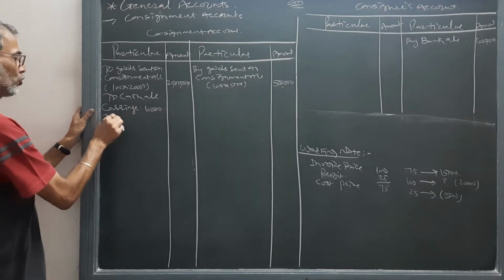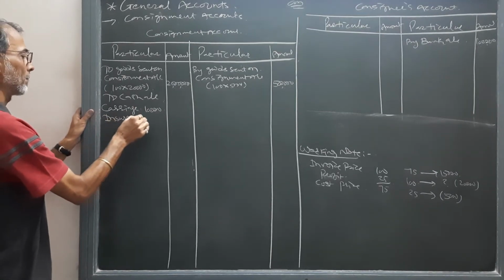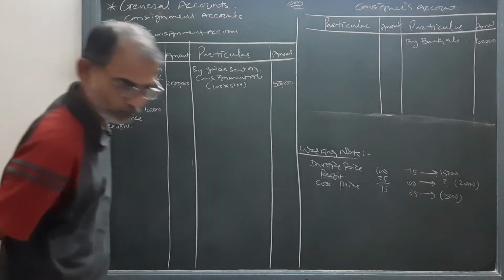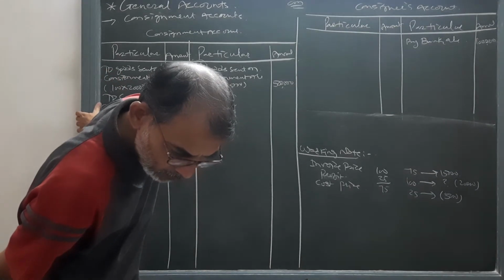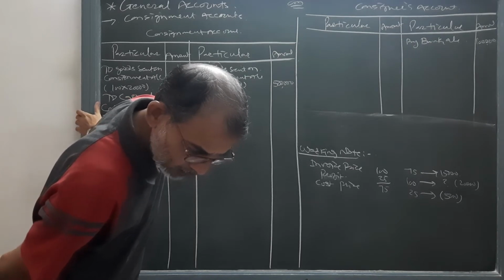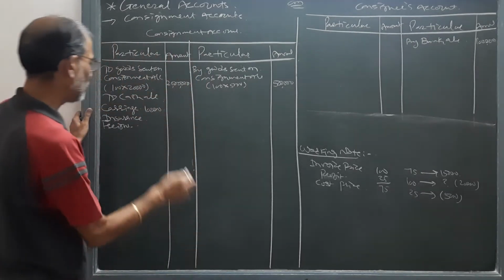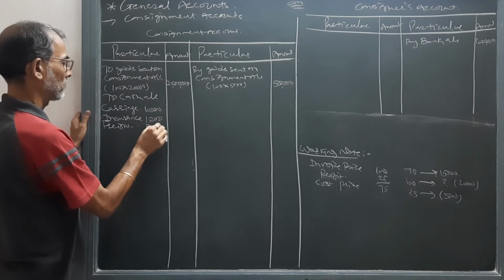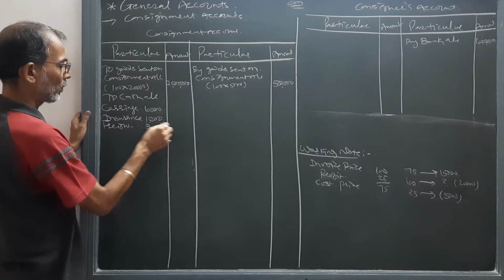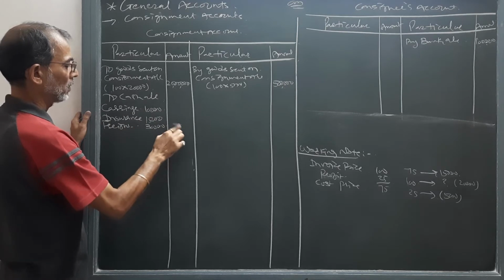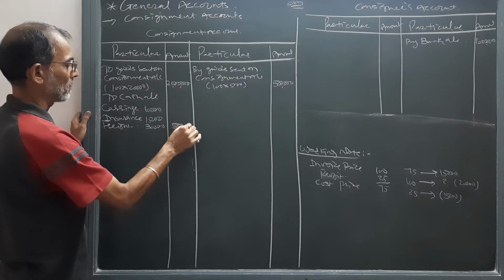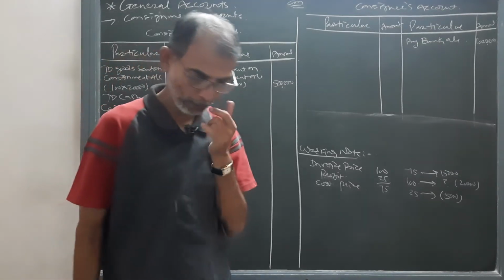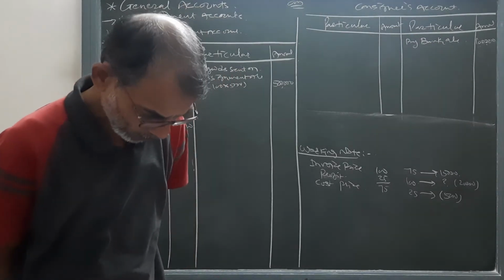Then after insurance, and then after is freight. 30,000 is freight and 15,000 insurance. 30, 40, 50, that is 50. 5,000 expense incurred by consignor.